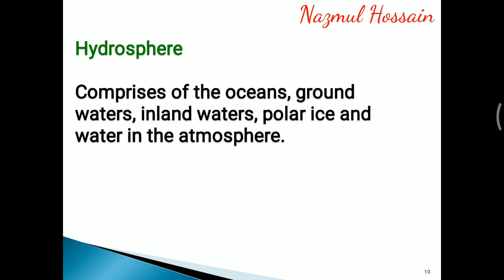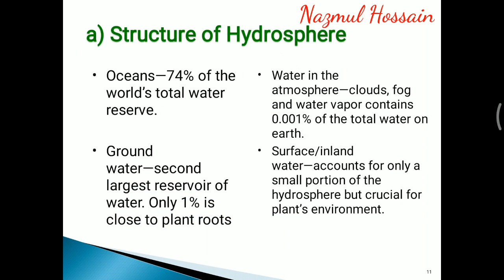Hydrosphere comprises the oceans, groundwaters, inland waters, polar ice, and water in the atmosphere. The structure of hydrosphere. Oceans hold 74% of the world's total water reserve. Groundwater is the second largest reservoir of water, but only 1% is close to plant roots.